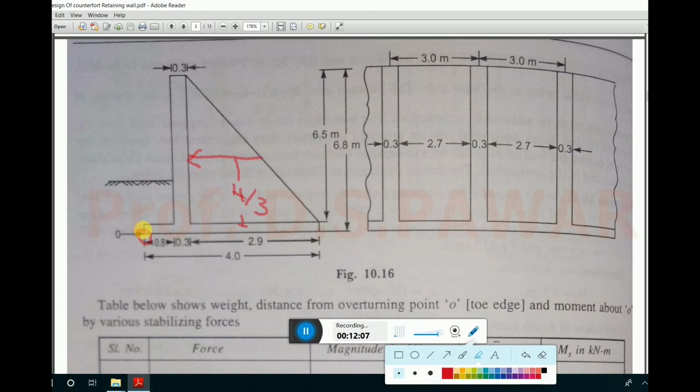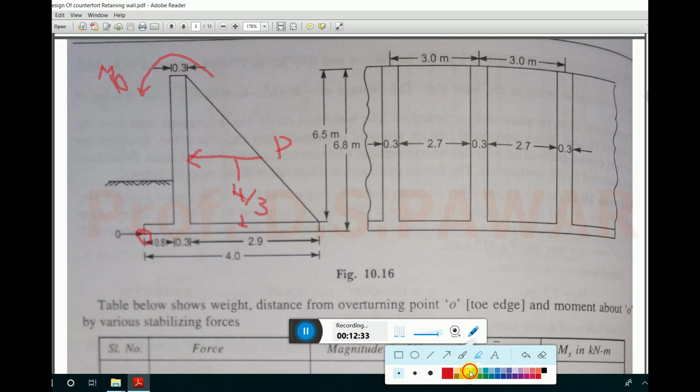At point O, this force P is going to generate a moment, and this moment is called the overturning moment. The structure can overturn due to this force, and this force comes from the soil pressure at the bottom.